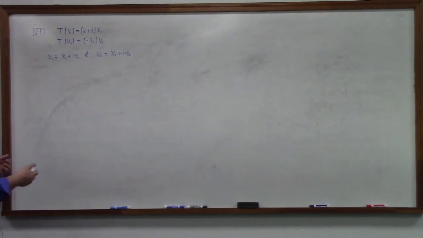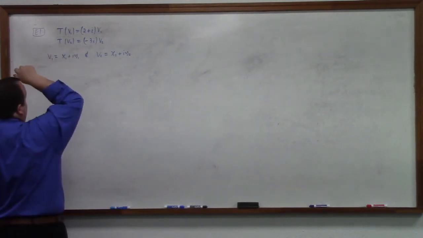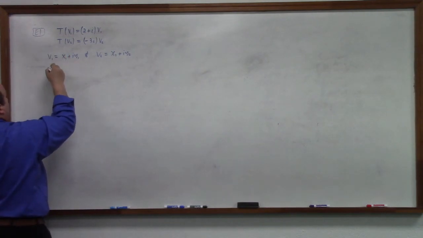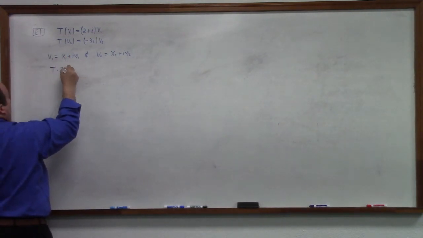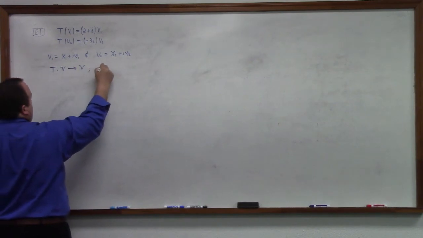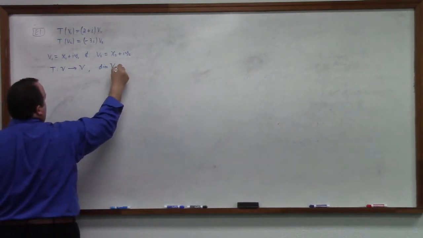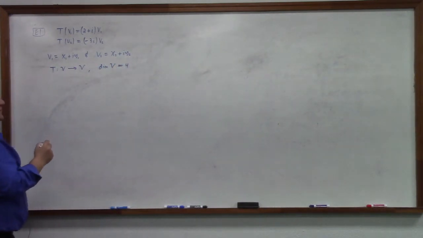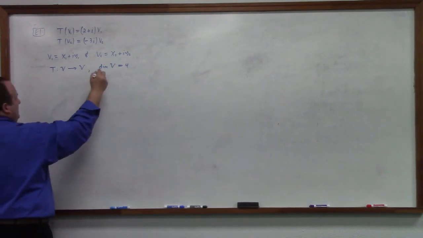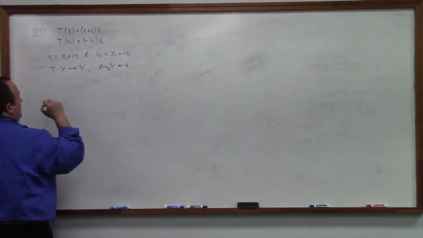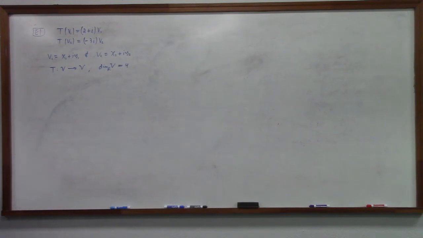So let's suppose that T is in fact a transformation from V to V, where the dimension of V is equal to 4. Well then, the real dimension 4 can support two complex eigenvectors, right?